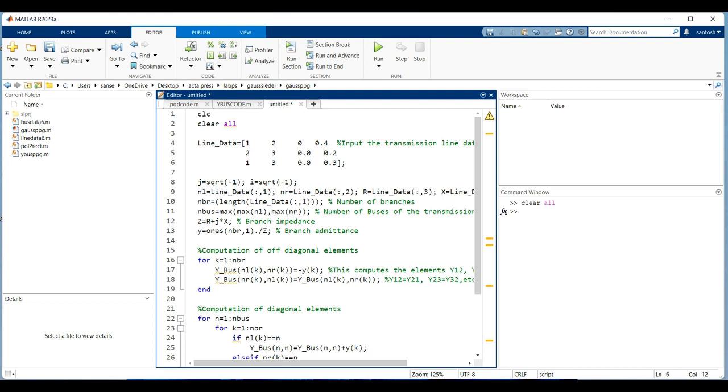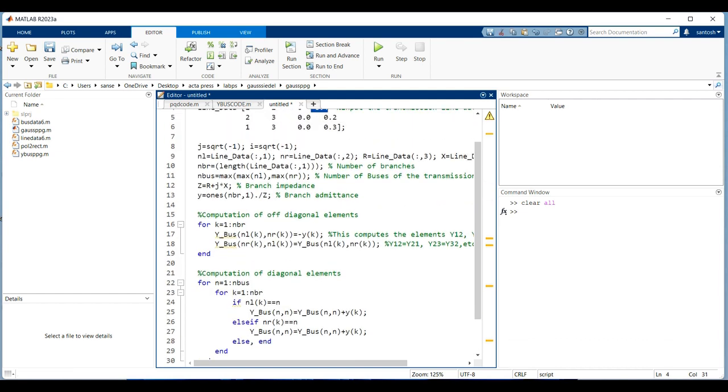Similarly, we have to find the value of the number of buses. So here the number of buses is also 3. We take the maximum value of NL and the maximum value of NR, then we will get the value of nbus. We know that branch impedance is equal to R plus jX, and we have to find the branch admittance values.